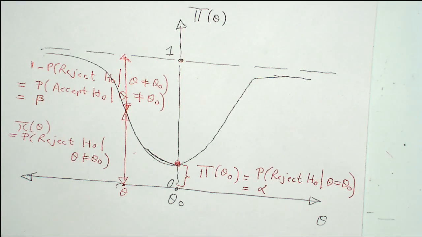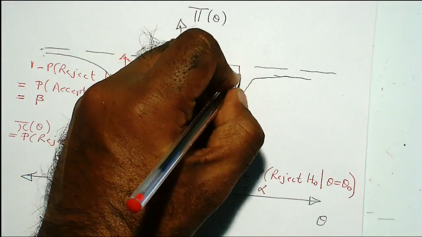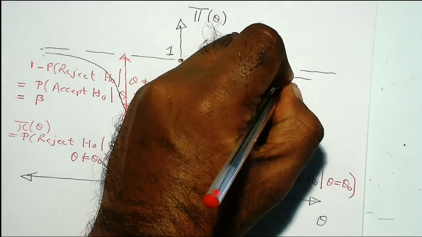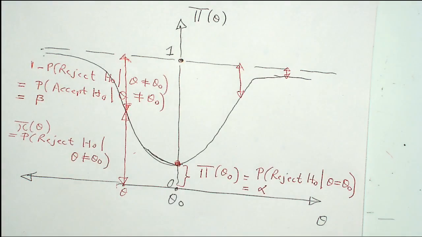And that's why these distances, from this point to this point, are getting smaller and smaller as you go further away from theta 0. Because you want beta to be as small as possible, as well as alpha, yeah?